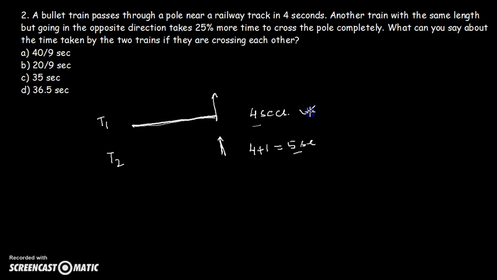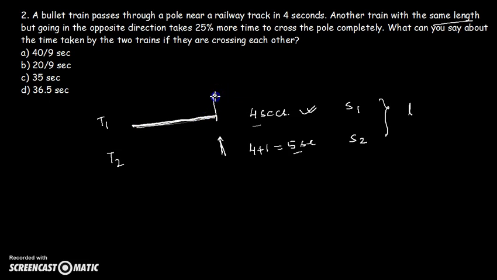That means this train is a bit faster. You can consider the speeds to be S1 and S2. Also, the length is given as same. The trains have the same length, so you can consider the length to be L. Now, when the first train crosses the pole completely, it covers a distance equal to its own length.